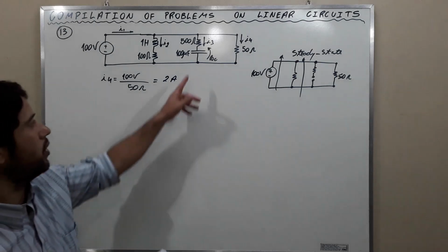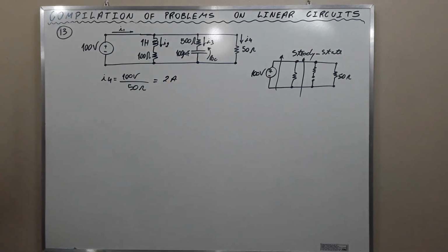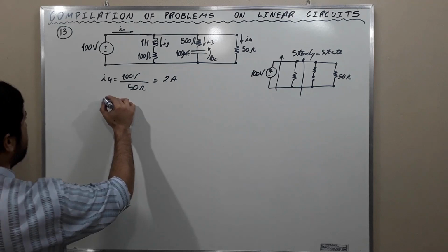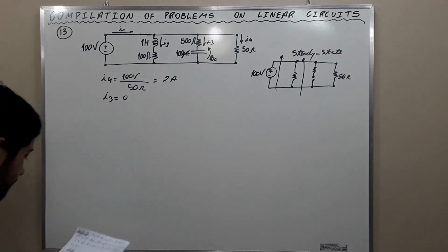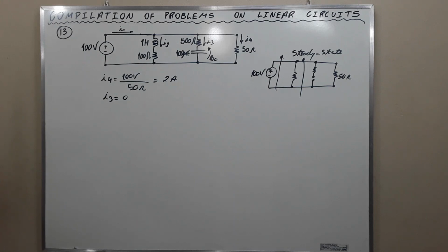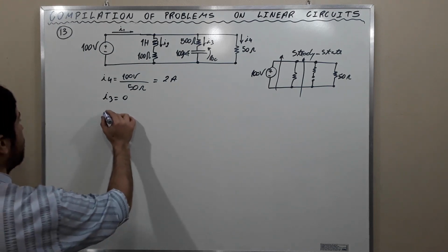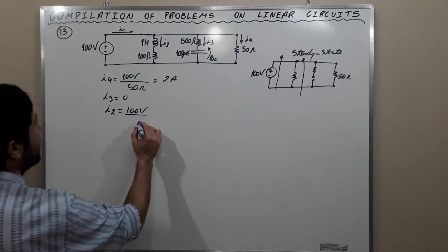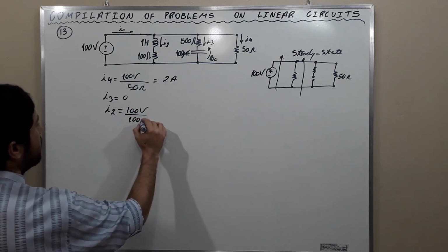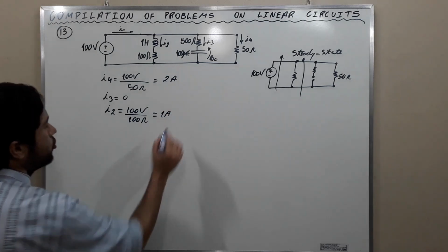We know that I3 is 0 because the capacitor is behaving as an open circuit. I2 is 100 volts divided by 100 ohms, and it is equal to 1 amp.